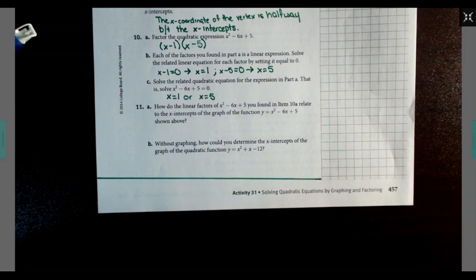How do the linear factors of x squared minus 6x plus 5 you found in item 10a relate to the x-intercepts of the graph of the function y equals x squared minus 6x plus 5 shown above?